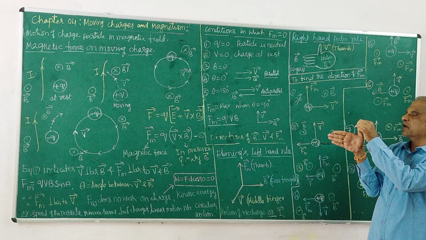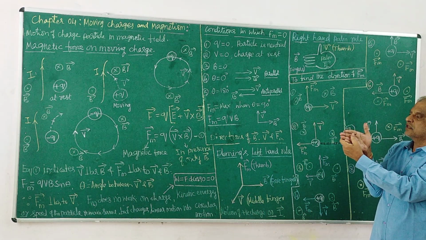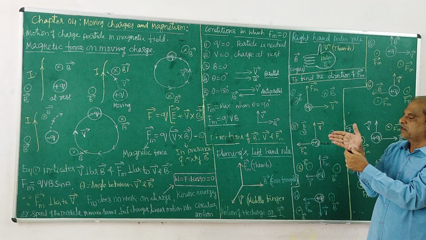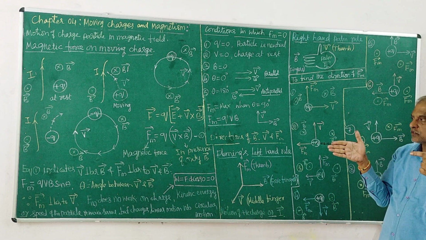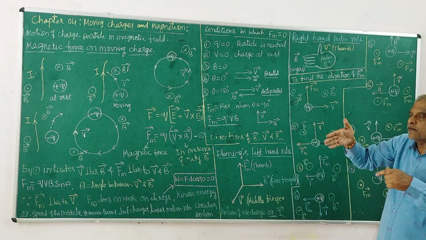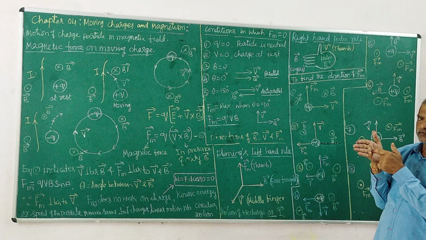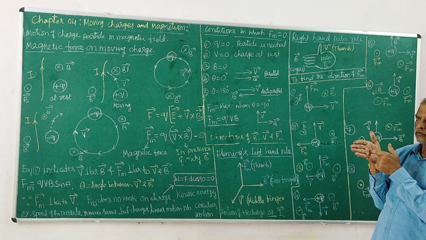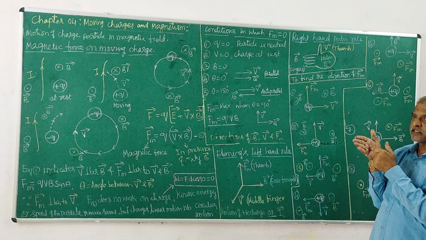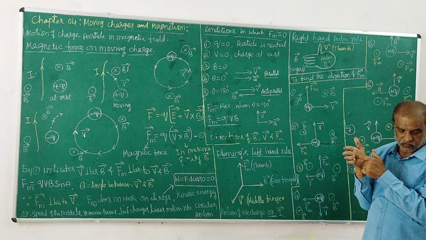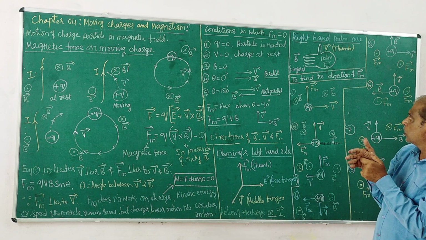If there is a velocity vector and a magnetic field vector, then the force pushes like this. Palm direction is the force direction. Any one of the rules can be used to identify the direction of the magnetic force, if you know the other two directions.